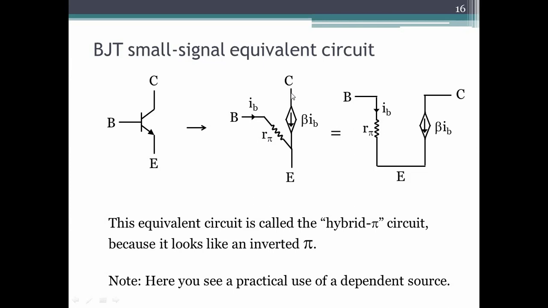The current here is the collector current, and we simply put a current dependent current source. So the collector current is of course now equal to beta times IB. So this becomes our linearized representation of the transistor for small AC signals applied to the circuit.